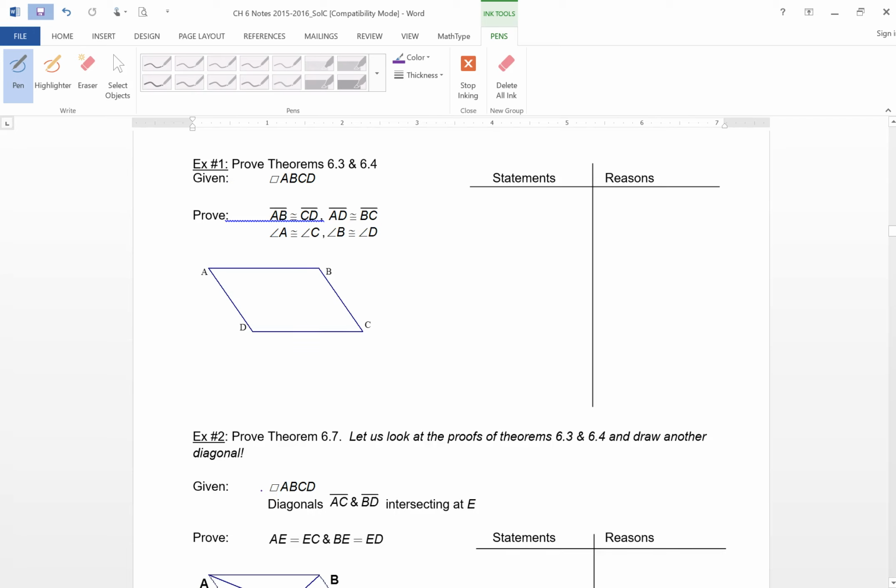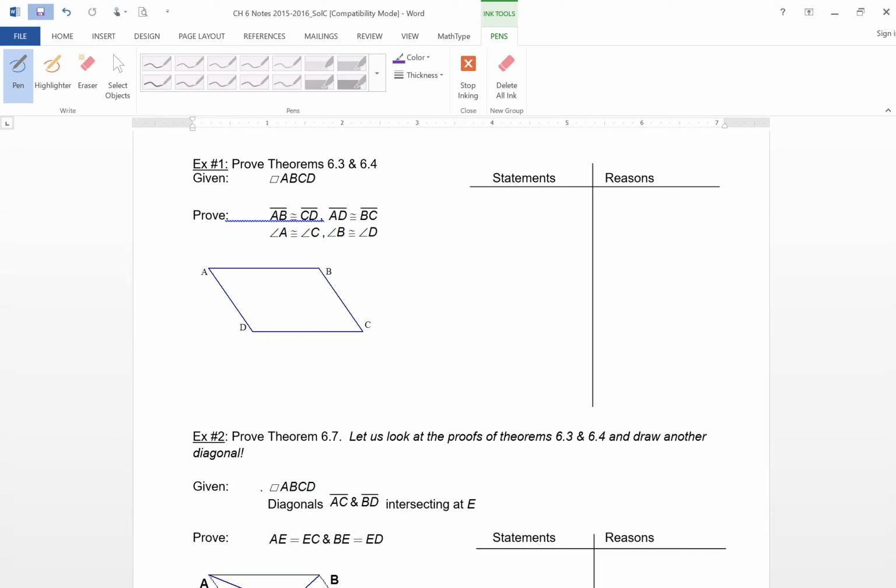So here it says to prove theorem 6.3 and 6.4, which say that in a quadrilateral, opposite sides are congruent and opposite angles are congruent. And we can prove both in one proof. Okay?